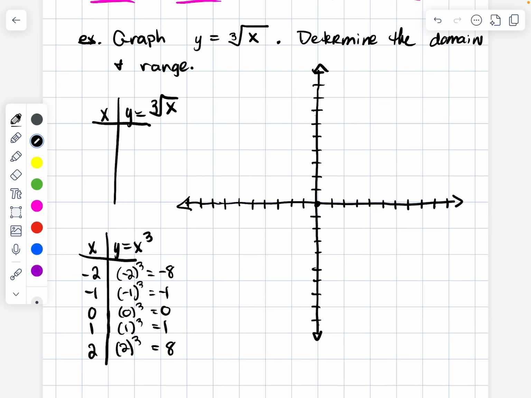So just from this alone, if I were to do a quick graph of this, it would be something like this. So -1, -1, -2, -8. Let's see, 2, 4, 6, 8. I believe this is the 8 mark. And then 1, 1, 2, 8.